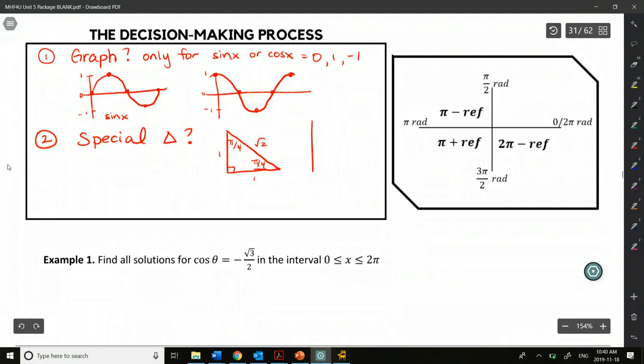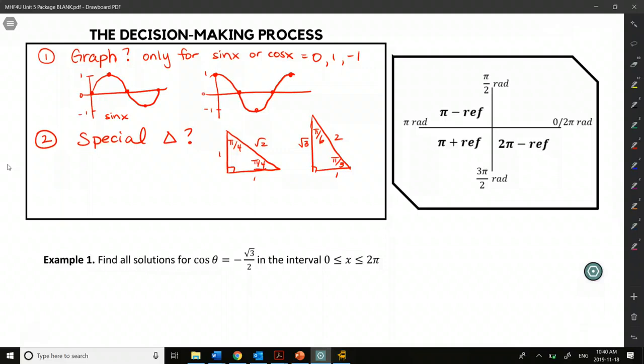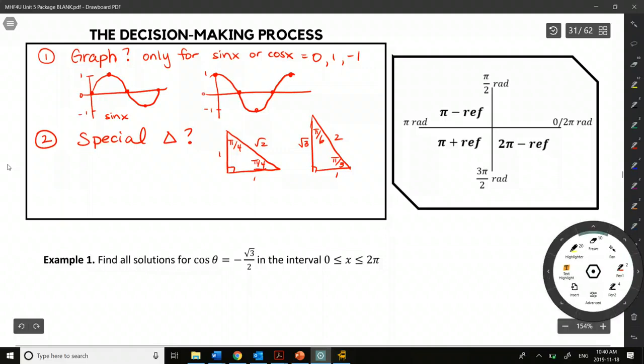And our second one is the pi over 6, pi over 3, pi over 2 triangle with side ratios 1, root 3, and 2. Okay, so if I can get one of those from my special triangle plus using the quadrants, I'll make sure that I get that exact value from the unit circle.